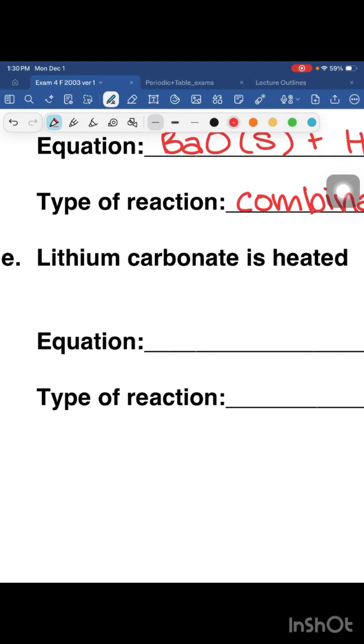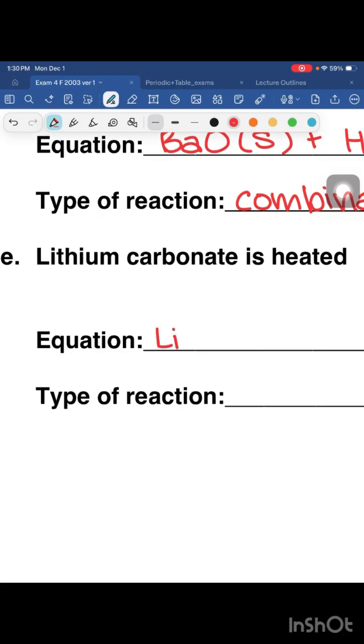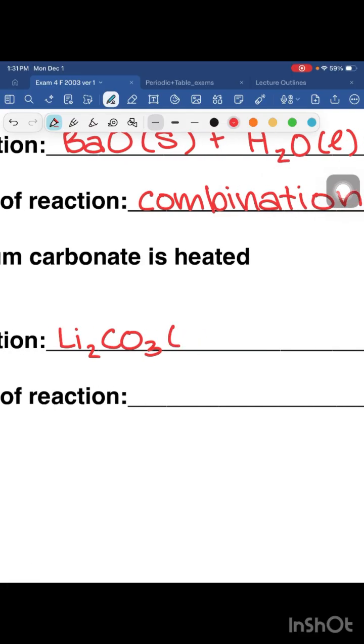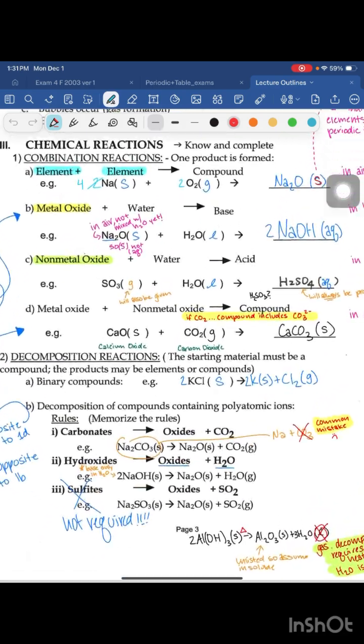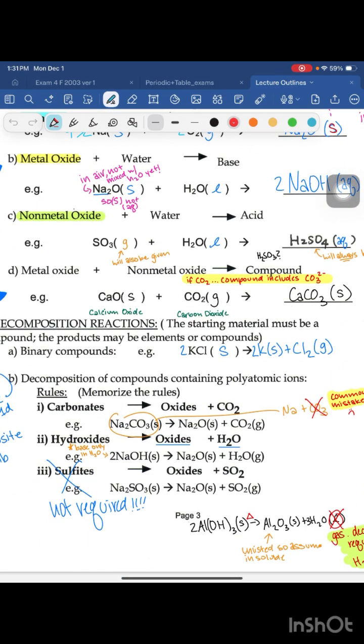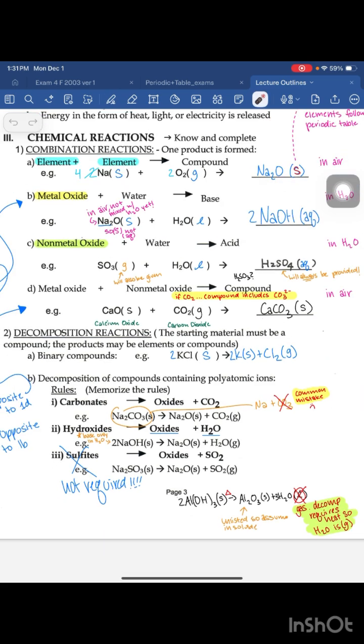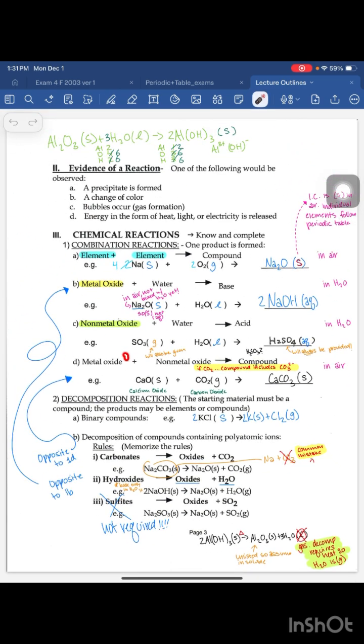The final one we have is lithium carbonate is heated. So we have Li2CO3. And this is a solid because it's not in water. And when this is heated, it's going to decompose into, if we look at our decompositions, a carbonate decomposes kind of the reverse of what we see here, where a metal oxide plus a non-metal becomes a compound.